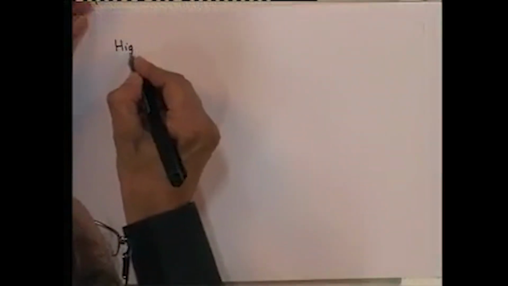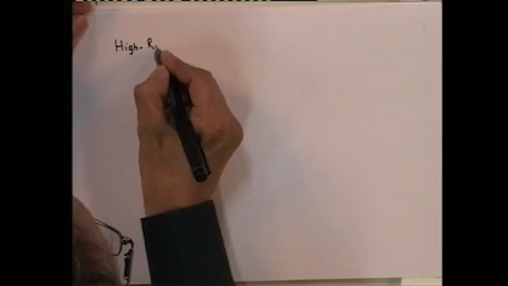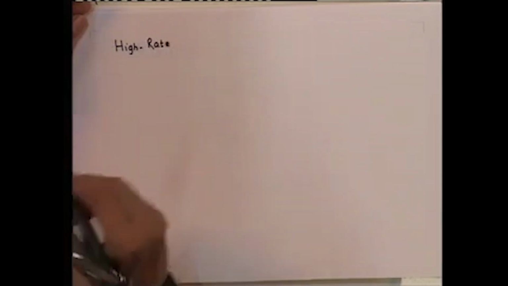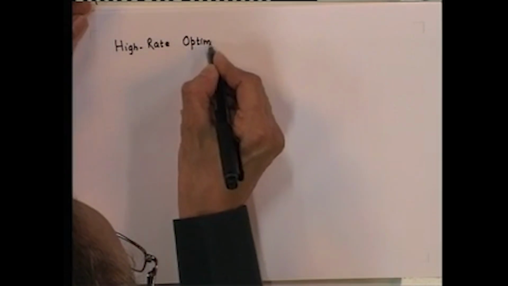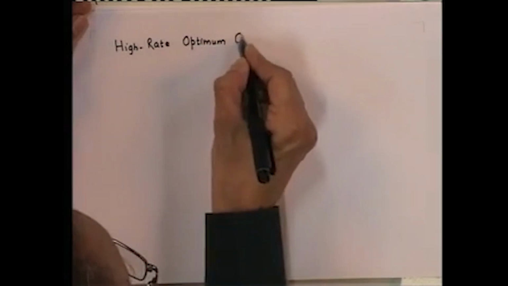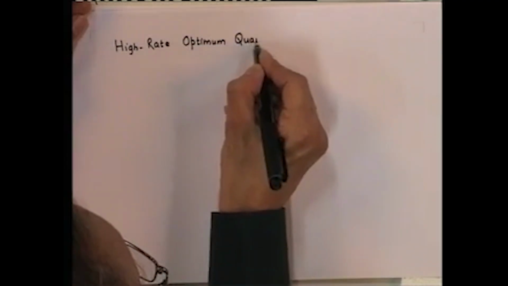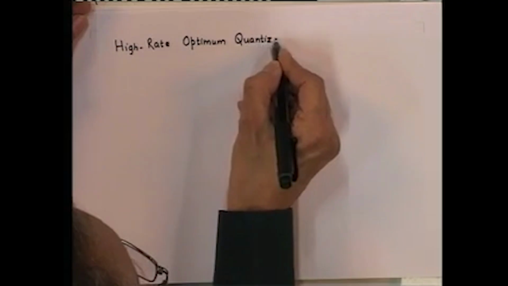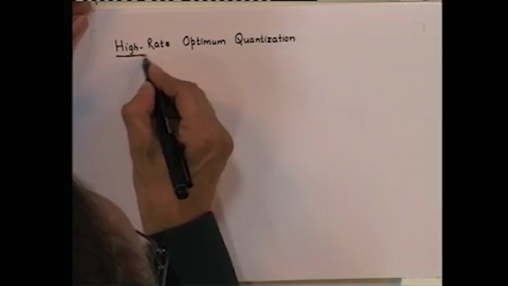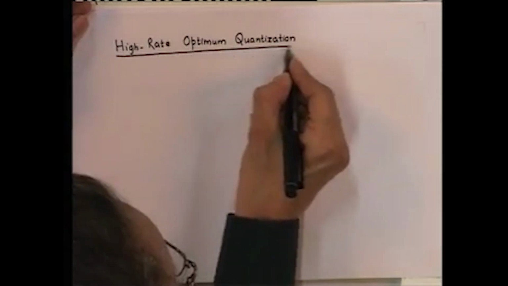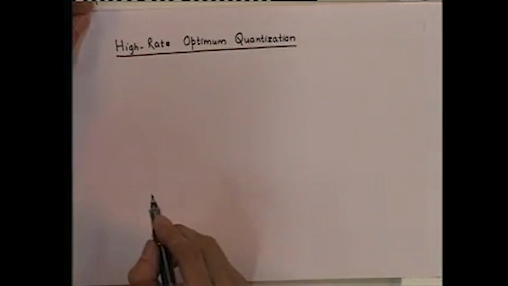So, let us look at this problem. We will consider the design of high rate optimum quantization, which takes into account both the entropy and the distortion.